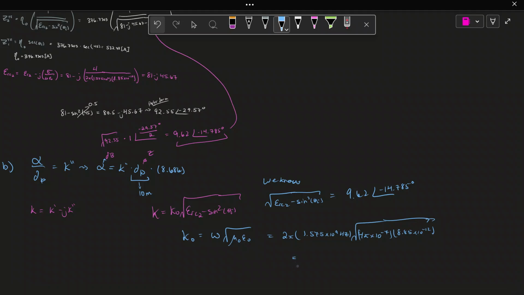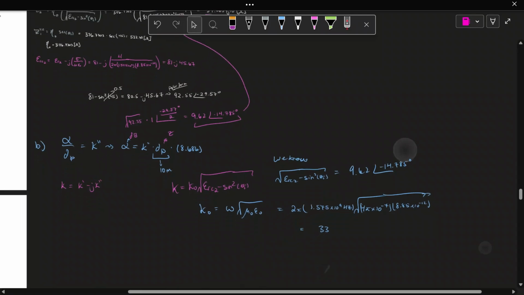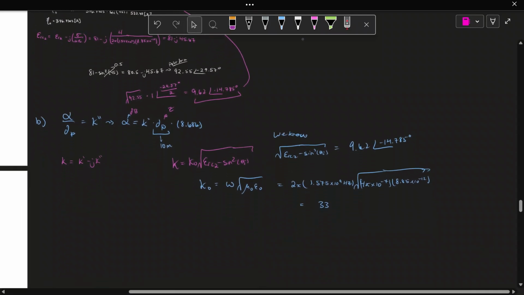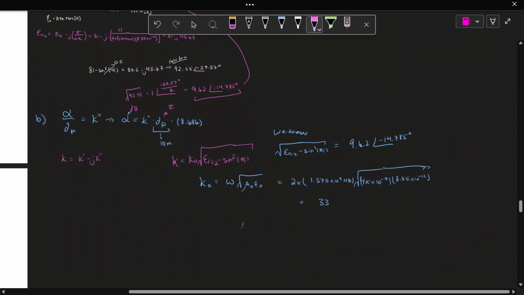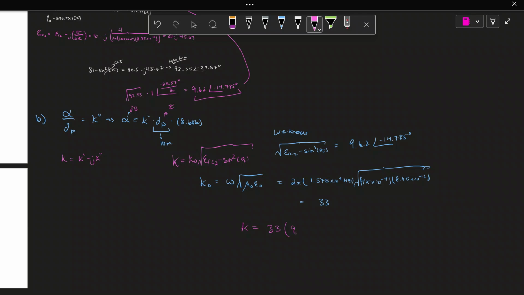Okay, so we get for our K0, we get 306.9. Actually, that's not K0. For K0, what we get is 33. From here, very simple, we then multiply 33 times 9.62 angle negative 14.785.